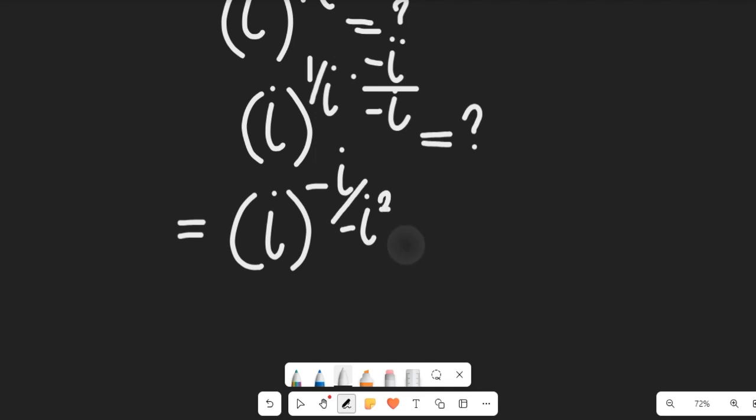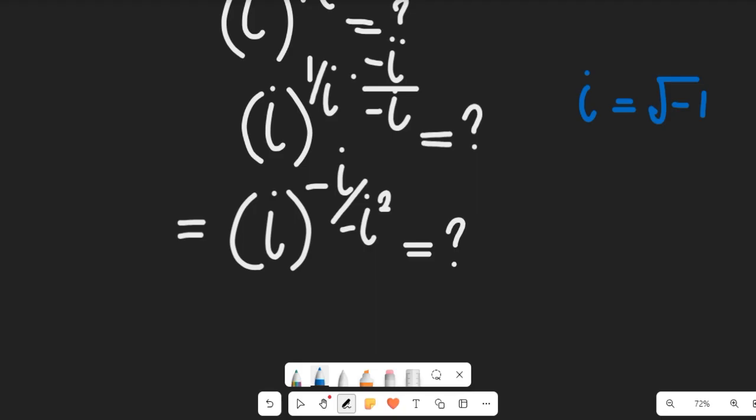Great. Now we know all the principles of i when it comes to complex numbers. Do you recall those principles? That i is equal to the square root of negative 1, right?